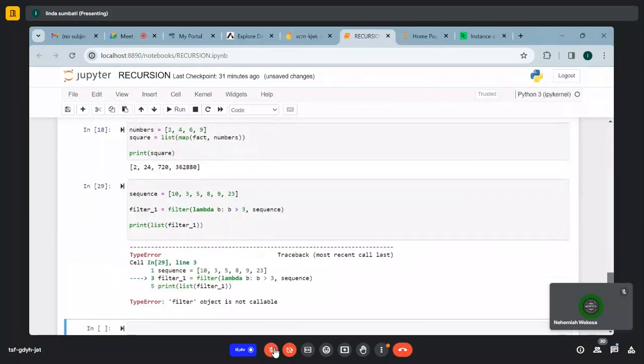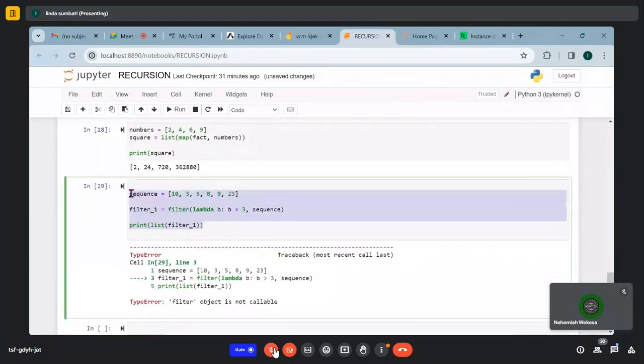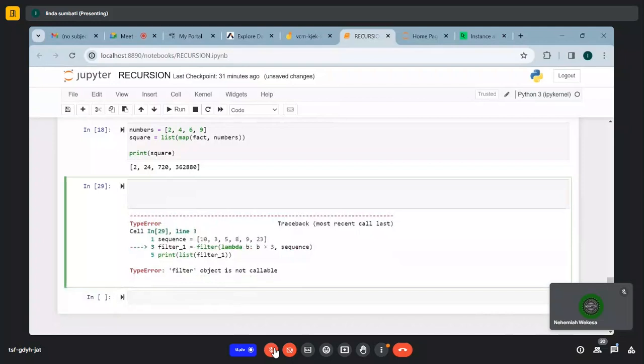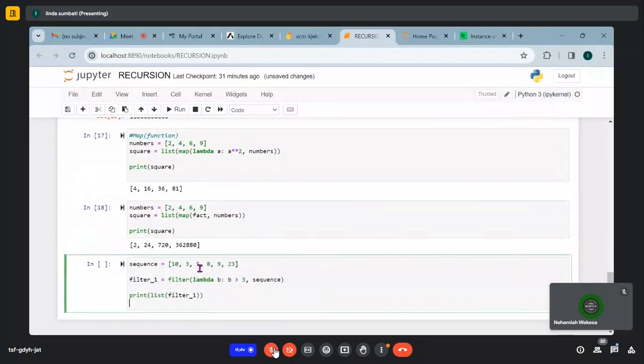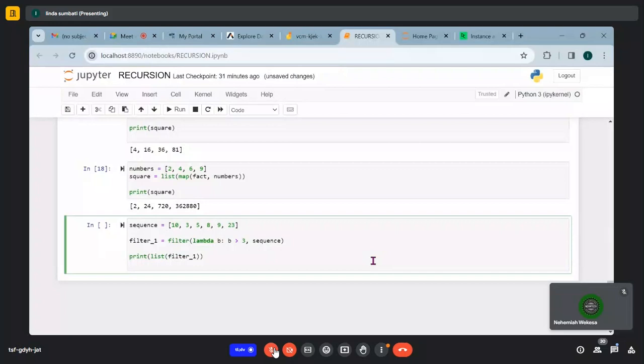Because these are machines. I don't know whether you should save and then close and reopen this file. So I've cut the cell, then I've opened a new cell.